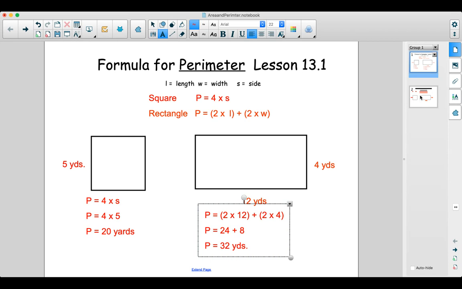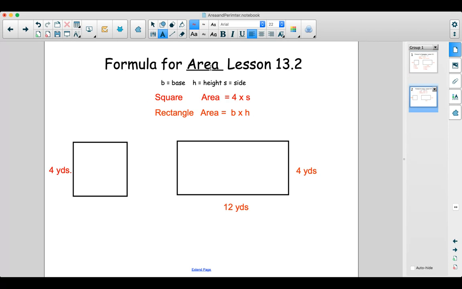The next one is area. The formula for the area, lesson 13.2, is a little bit different. The area is the amount of space inside your rectangle or square. So that means how big your backyard is, all the grass in your backyard. That's what you're measuring for area.